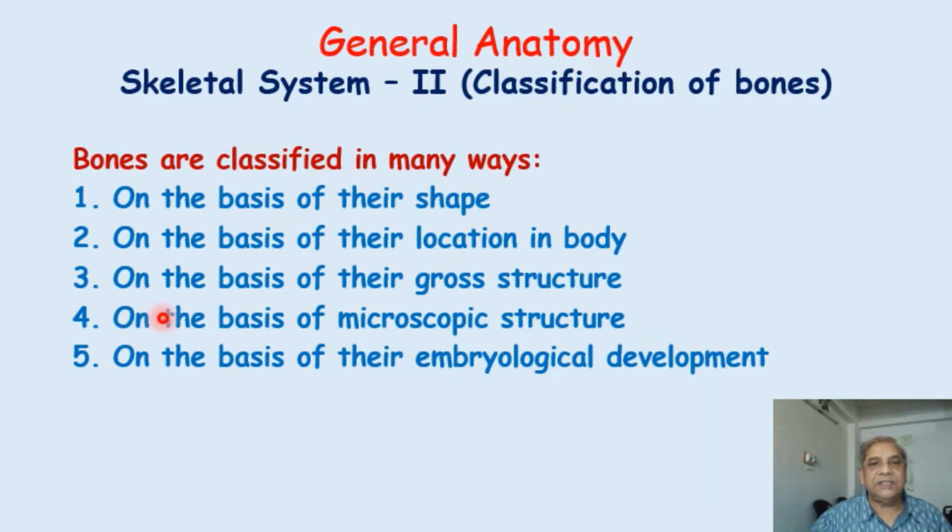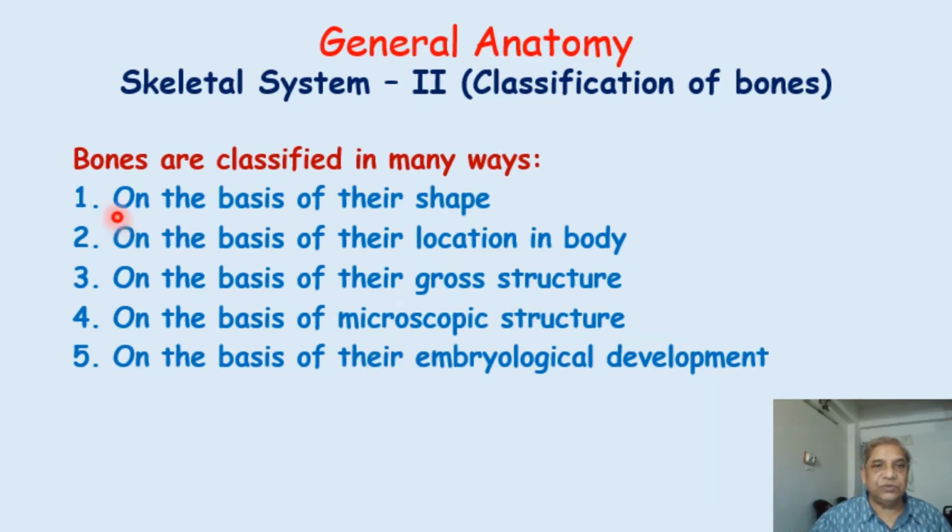Next, the classification will be based on what you see when you look at the bone under the microscope, which you cannot see by naked eye. Then what are the structures seen under the microscope in a bone? And then lastly, I will tell you about the classification of the bones on the basis of their embryological development.